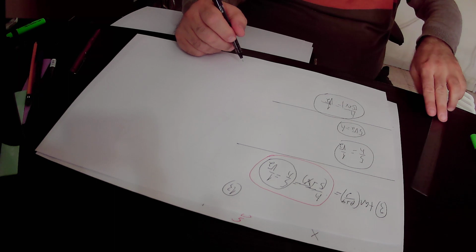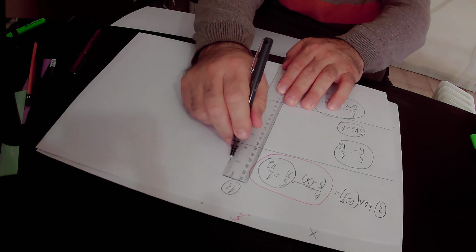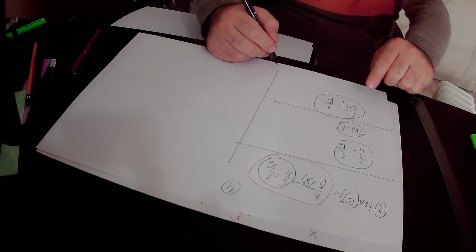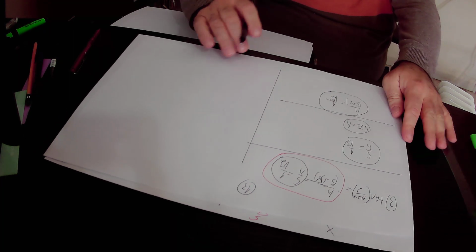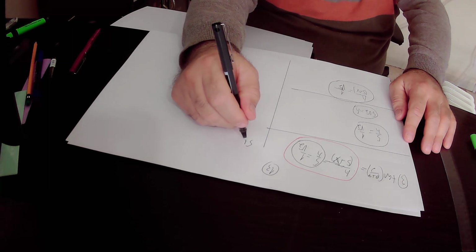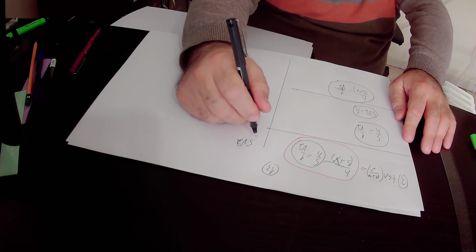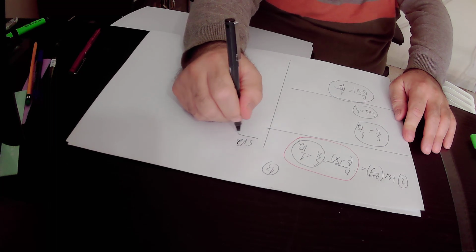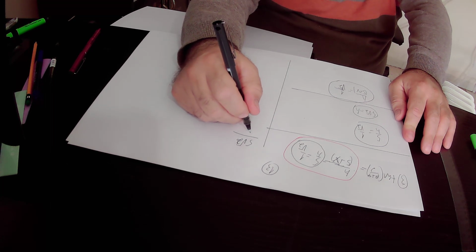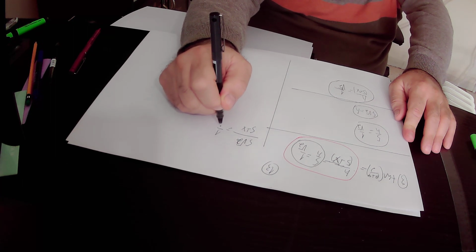We have already found out that h equals 5 times square root of 2, so we'll substitute h in this equation by 5 times square root of 2. We'll do it now and we'll get that 5 times square root of 2 over 5 plus x is equal to 1 over square root of 2.